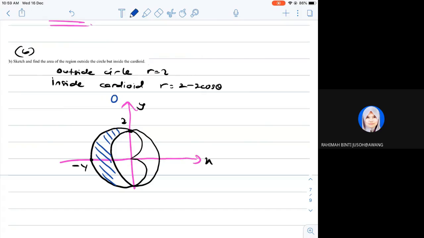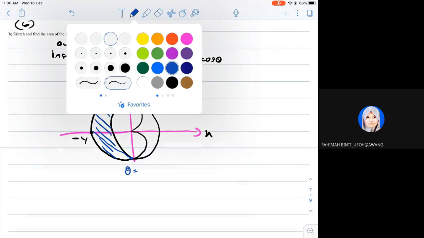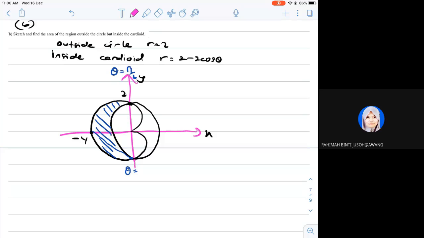Angle kat atas ni still pi/2 lah. How about the lower angle here? Dia kan intersect kat sini juga kan? Ni. So what's the angle here at the lower part ni? Guys, takkan dah lupa. 3 pi over 2.